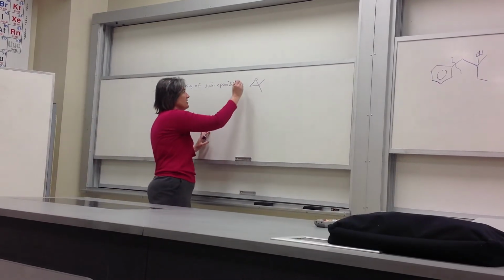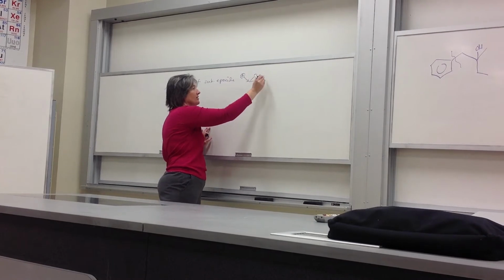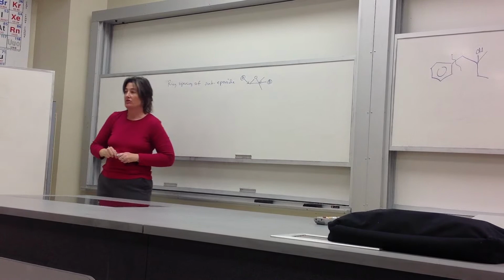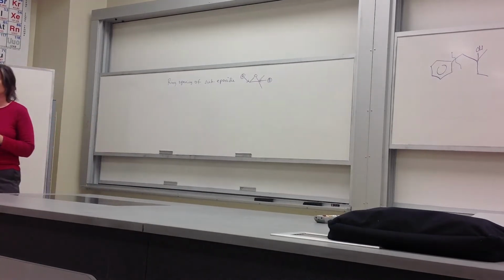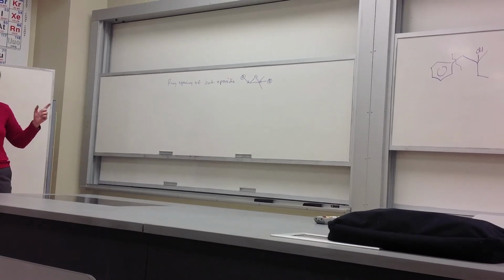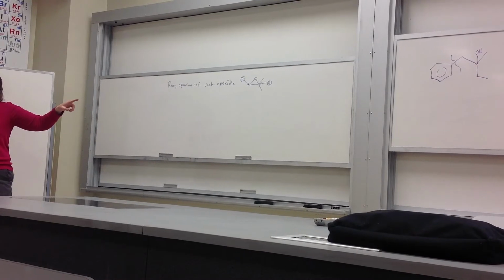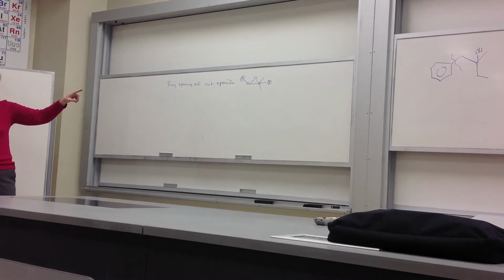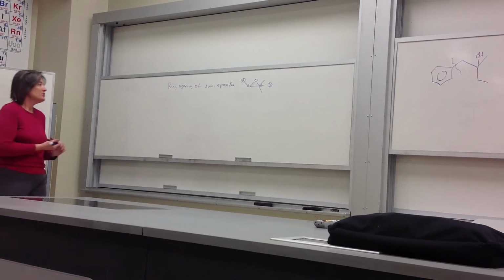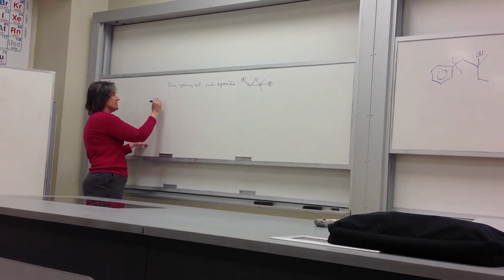You could have a nucleophile attack here, and that would give you a different product than attack here. They would give you two different things. And so you have to be able to predict, when I add a Grignard reagent, for example, is it going to attack at A, or is it going to attack at B? Because it matters. If you want to attack at B, but it attacks at A, you're going to get totally the wrong product.